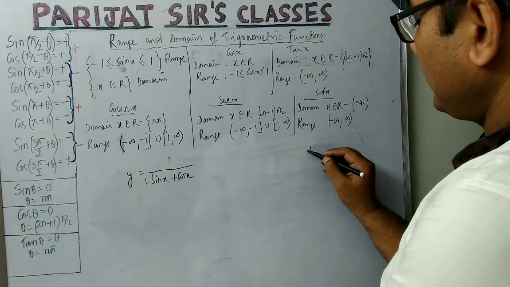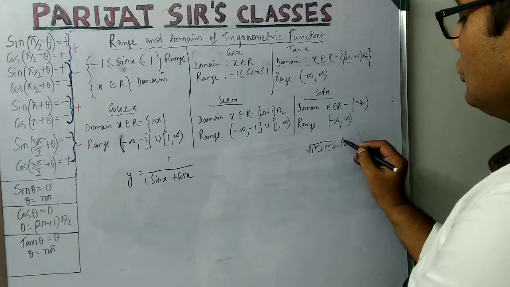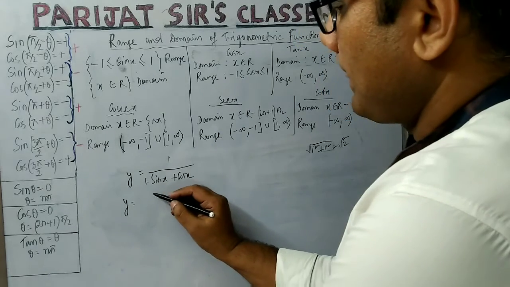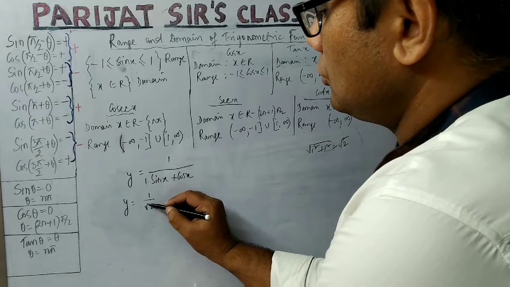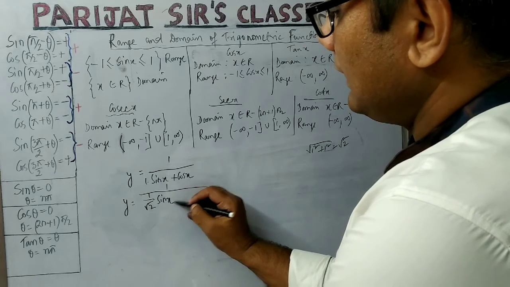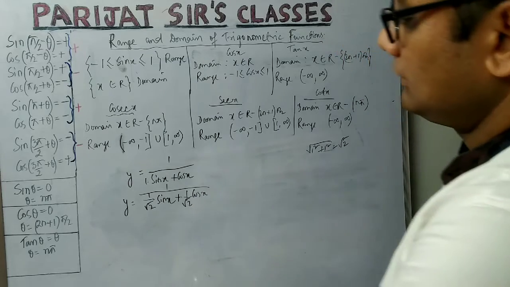As I told you, first of all find the root of this: 1 square plus 1 square is root 2. So we can write it as 1 divided by (1 by root 2 sin x plus 1 by root 2 cos x).